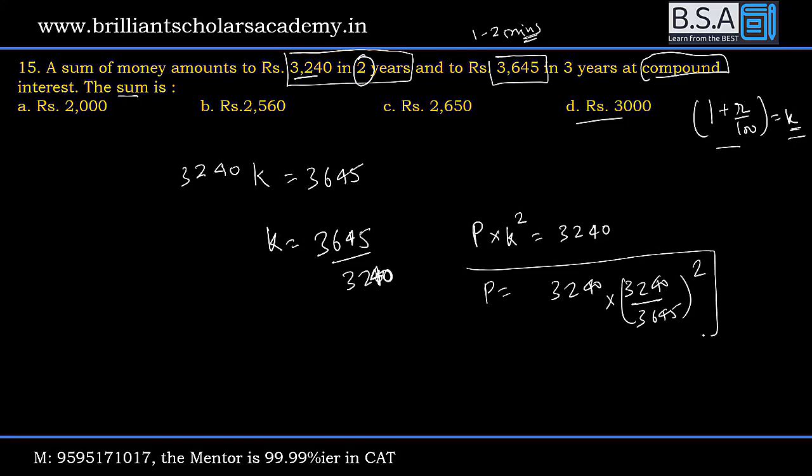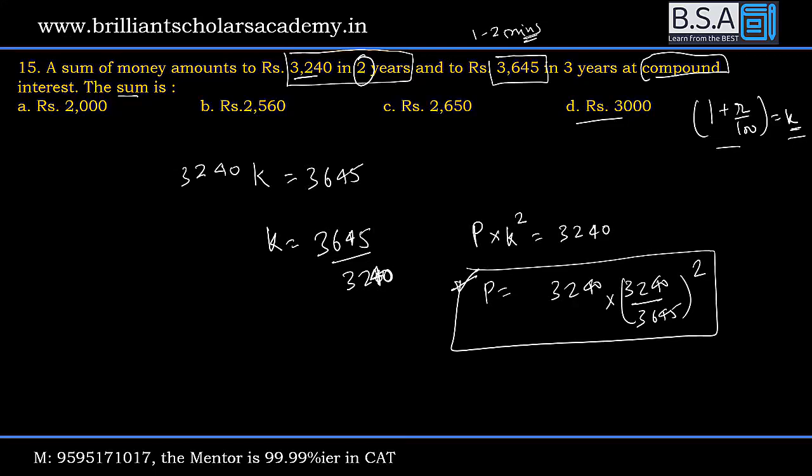So if you have access to a calculator, you have to calculate just this part and your answer is ready. You don't need to find the value of R. Nowhere in the question does it say find the value of R. So 3240 divided by 3645, divided by 3645 again.